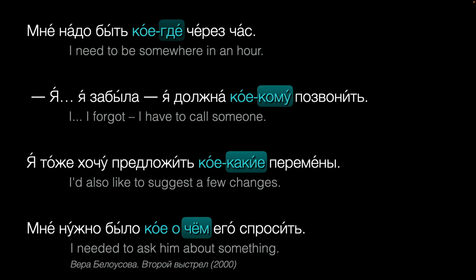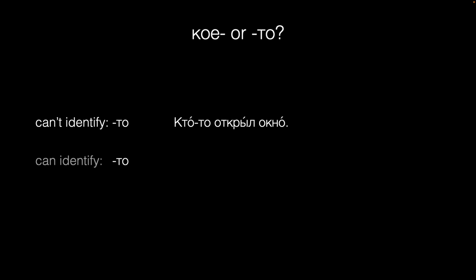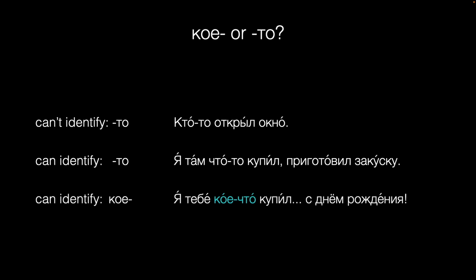Let's think a little more about how we use кое versus то. When we use то, the speaker might not be able to identify something specifically, as in this example, кто-то открыл окно. Or the speaker might be able to. Я там что-то купил, приготовил закуску. But we've also just said that when the speaker knows the identity of something, we might hear кое. Я тебе кое-что купил.